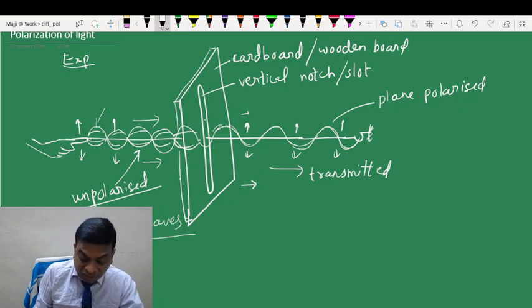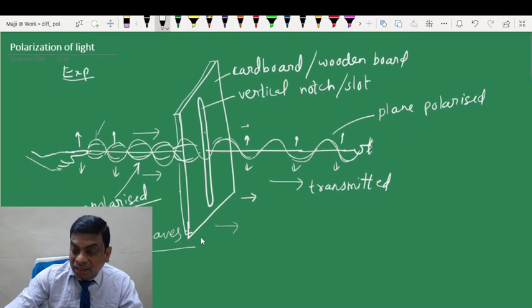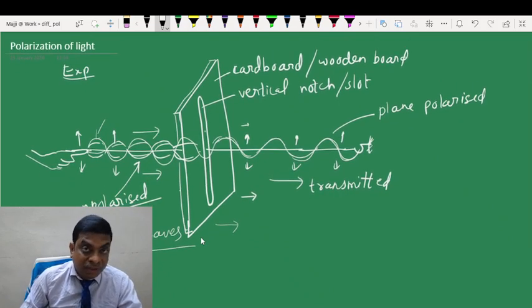So naturally they will be transverse waves. Now in these transverse waves, you can see only those waves were transmitted whose vibrations were parallel to this gap or the notch or the slot. In other words, polarization is taking place only because transverse waves are set up. So polarization is an exclusive property of only transverse waves.